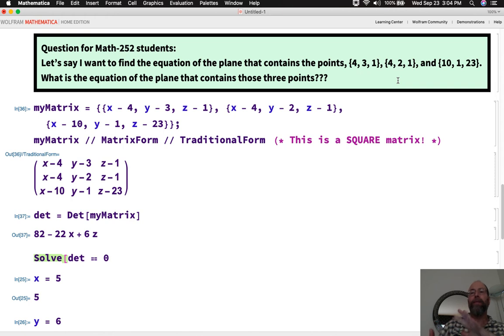If the region described by the 3 points is a rectangular prism, the determinant will be non-zero. If it's a plane, completely flattened into 2 dimensions, then the determinant has to be 0. Okay? And I'm going to solve that for z.